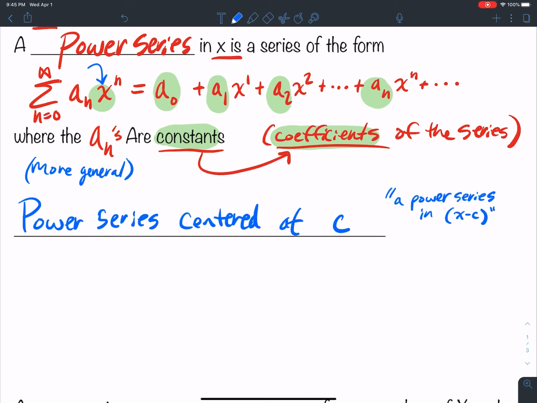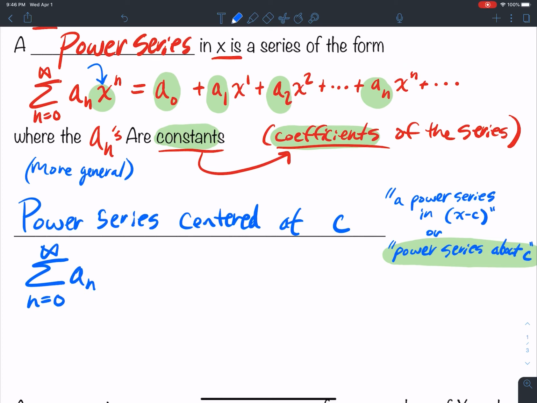Or you might see somebody say a power series about c. That might be another way you hear somebody say it. So what is a power series about c, or centered at c, or in x minus c? It's the sum from n equals 0 to infinity of a_n, and instead of x to the n, it's x minus c to the n.